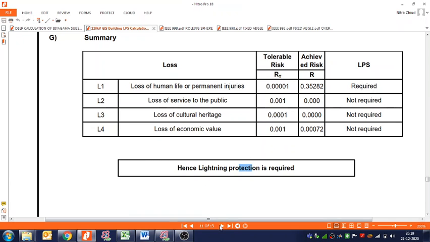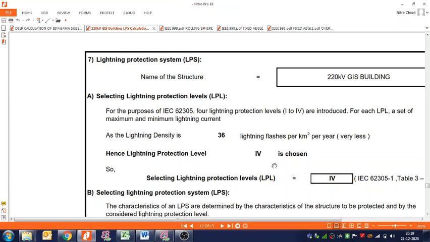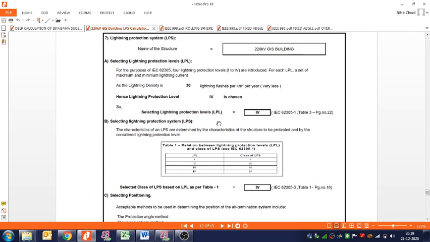This is one conclusion. And after establishing that lightning protection system is required, after these calculations, how do we provide the lightning protection system? So there are 4 levels of lightning protection and 4 classes for the lightning protection system.